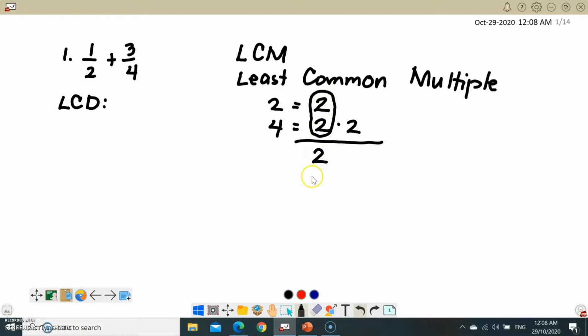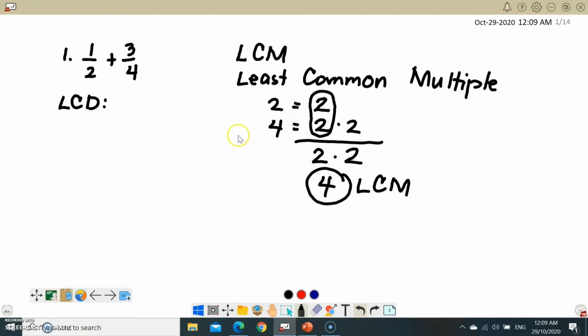So, 2 multiplied by, are there any 2 left on the factors of 2? None, because we already used it at first. So we bring down 2. So 2 times 2 is equal to 4. And this 4 now is the least common multiple of 2 and 4.